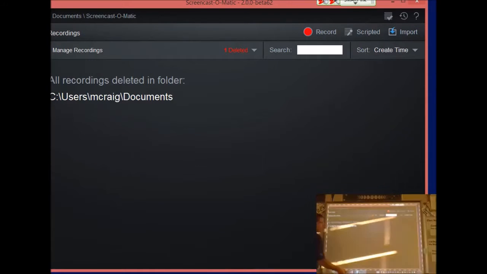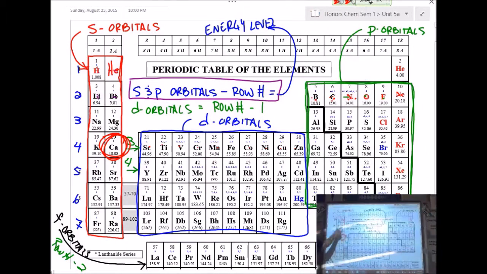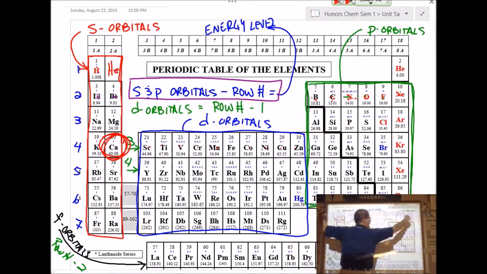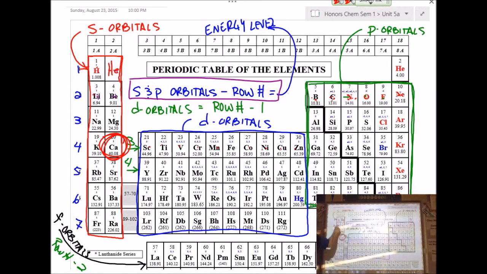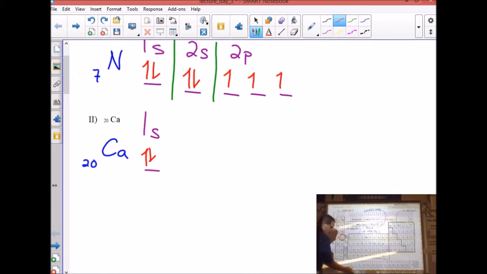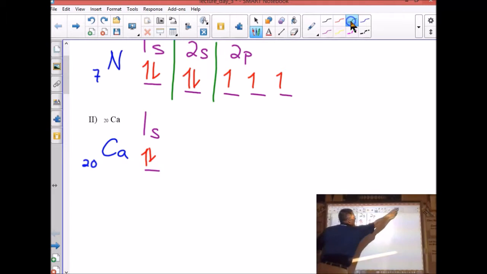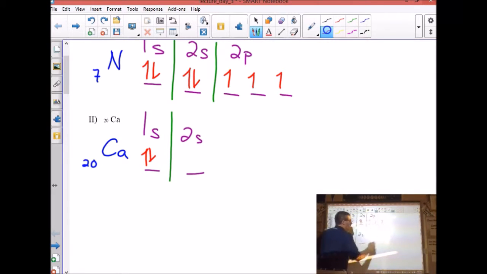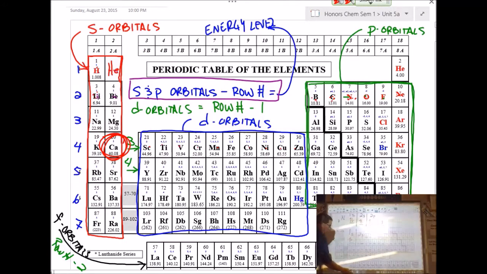Now I filled up the first row. Now I'm in the second row because there's only the s orbital in the first row. So now I'm dropping 2 electrons in 2s, and again, drop 2 electrons in there.